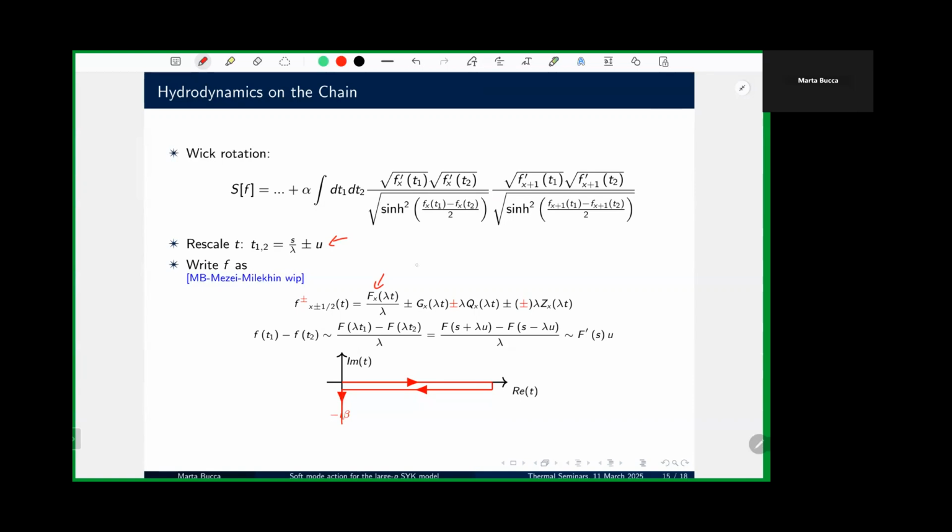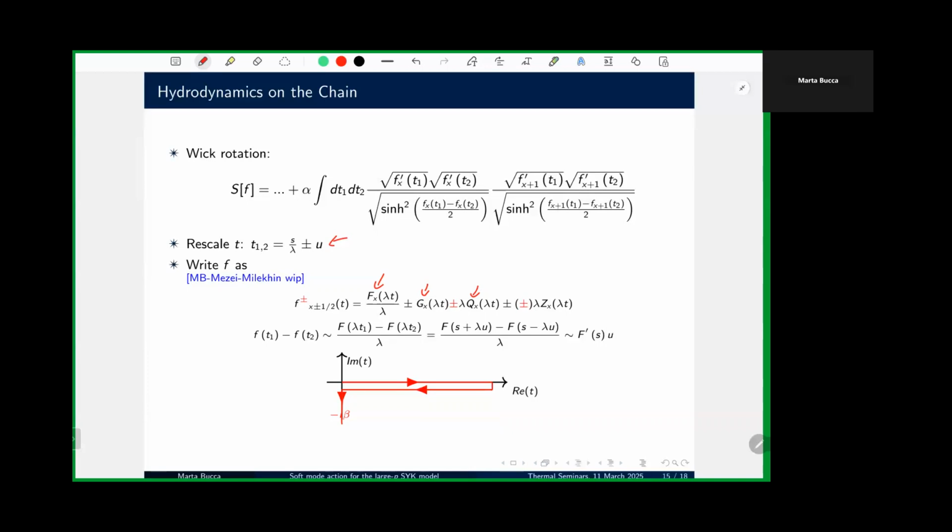The gradient of F is this G_x. So this is, again, averaged over the forward and backward time contour, but it's a spatial difference. Then we have Q. Q is averaged spatially, but it's the difference between the forward and the backward time path. And this is our fluctuation. And finally, Z is the gradient of Q. So this is a spatial difference and also a difference over the time contours.